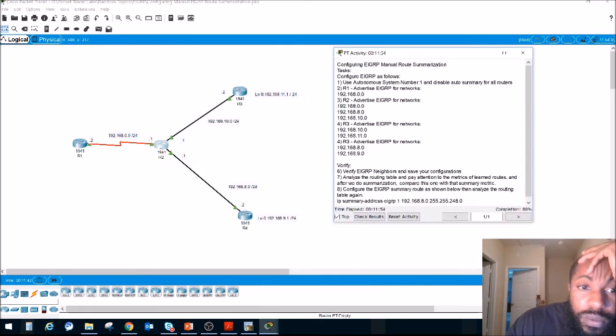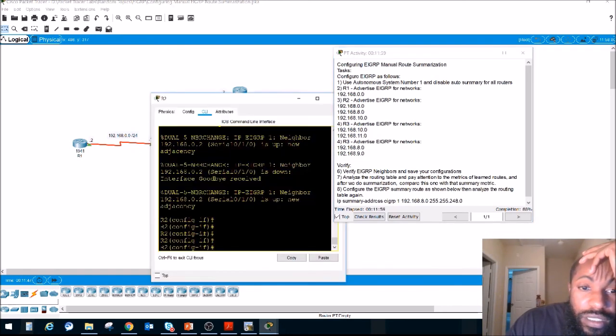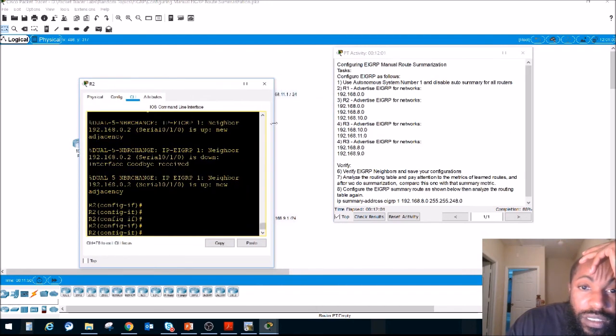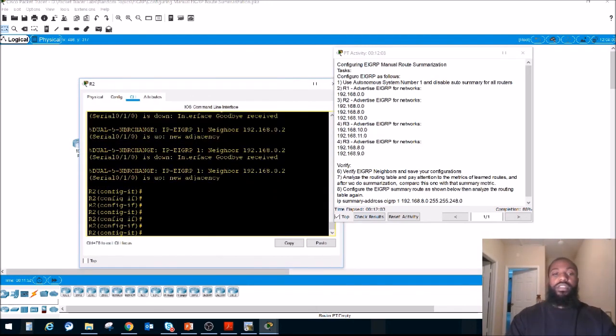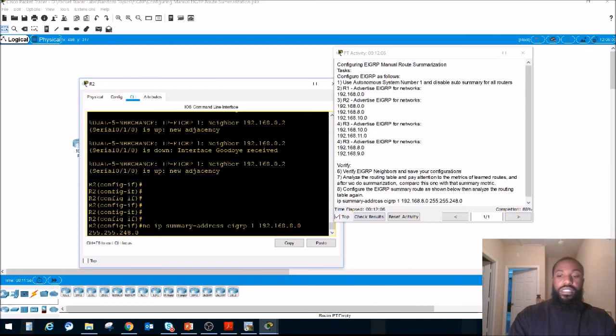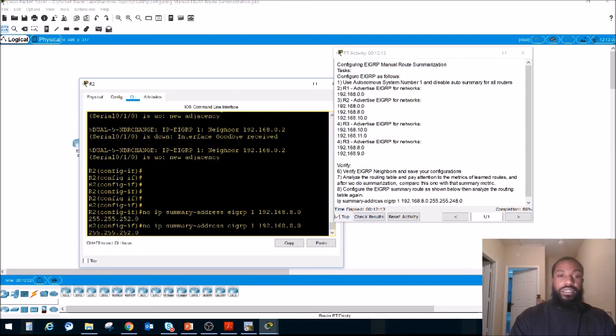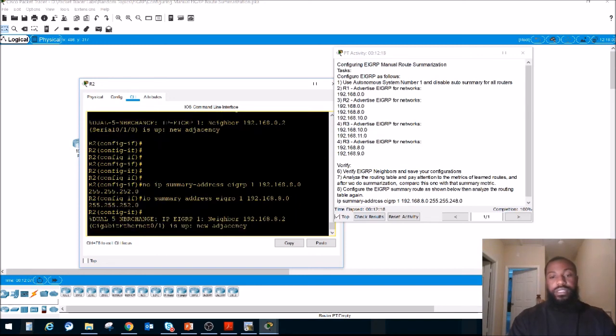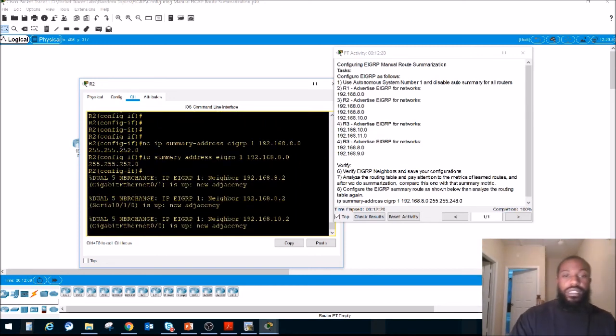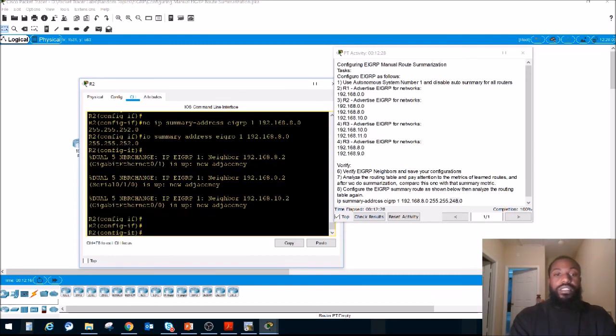It's 252. This is a summary address, y'all. I'm kind of confused here, but let's see. Subnet mask is 252. My bad. Control A. Get rid of that guy. And there it is. So now, this is supposed to be 252, y'all. That's the summarized address. I did that wrong.